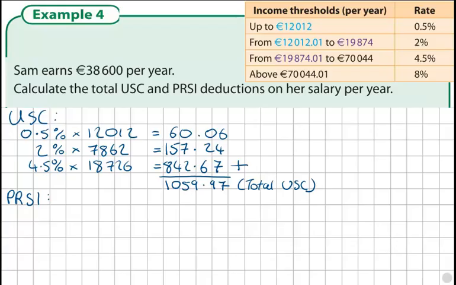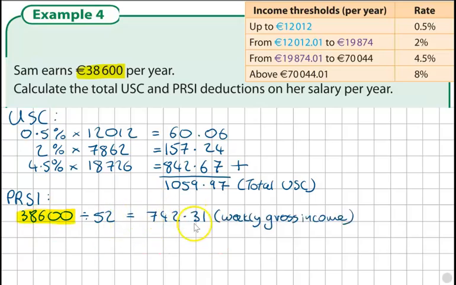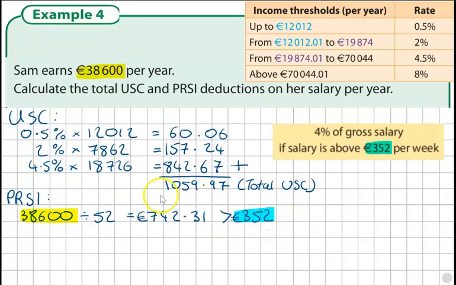Next is the PRSI. So again, go back to what Sam earns, €38,600, divide by 52, because there's 52 weeks in a year. Gives us €742.31. So this is the weekly gross income. And 742.31 is greater than 352.